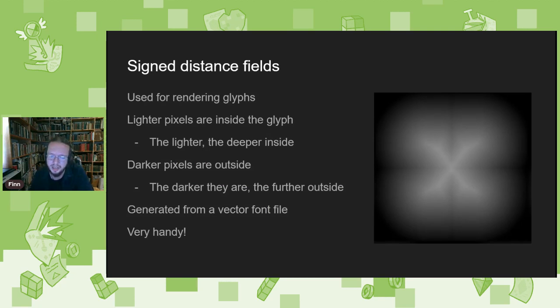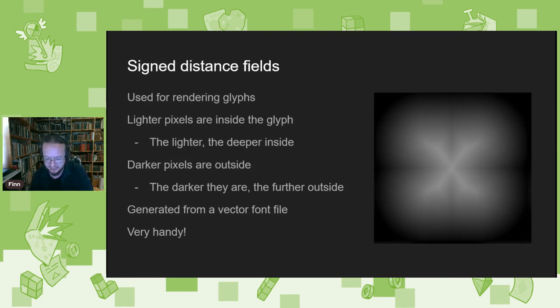They were sort of popularized by Valve. I think they published a paper about using signed distance field font rendering in around the days of Team Fortress 2. And they are usually used for rendering glyphs. If that's a weird term, I mean, that is a pretty weird term.